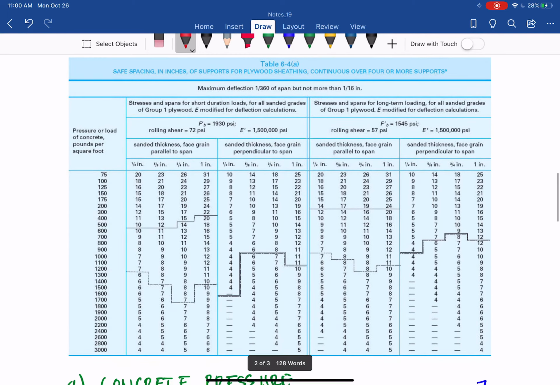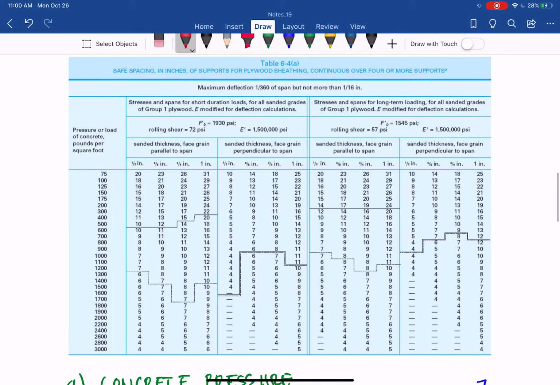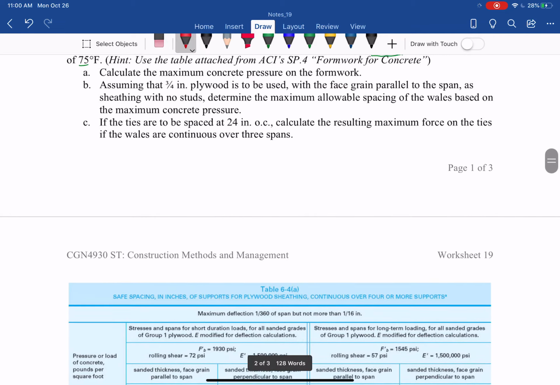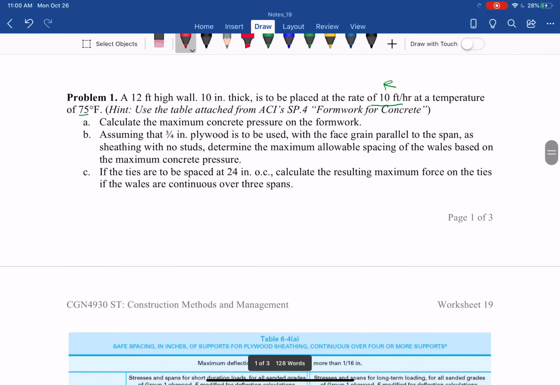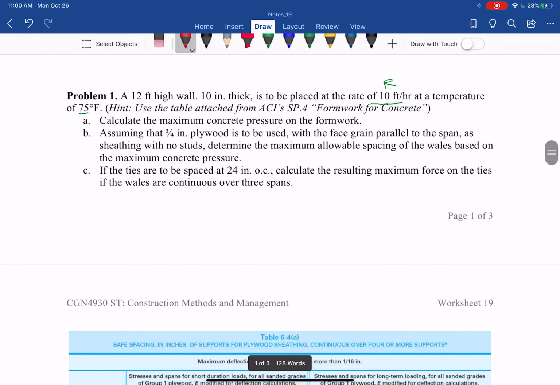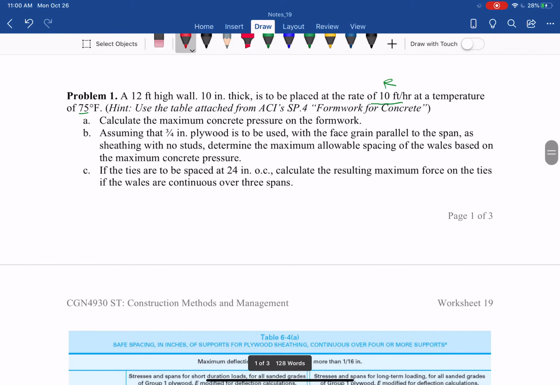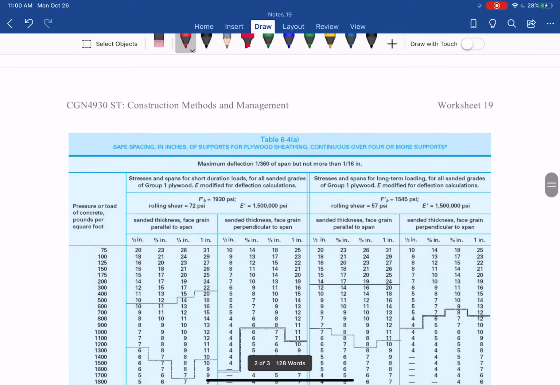And in that table, there are two scenarios: the face grain parallel to span and face grain perpendicular to span, as you can see there. So with that one, the problem gives us the wells with the face grain parallel to the span.